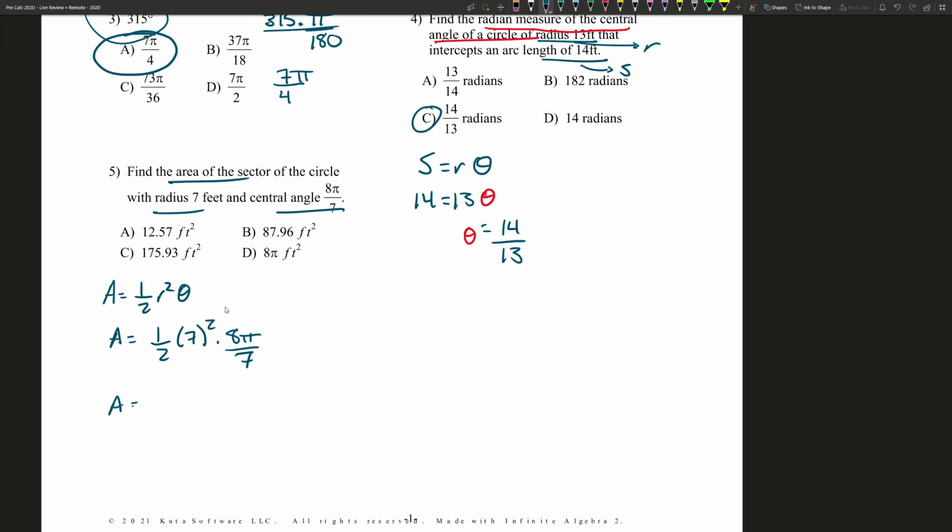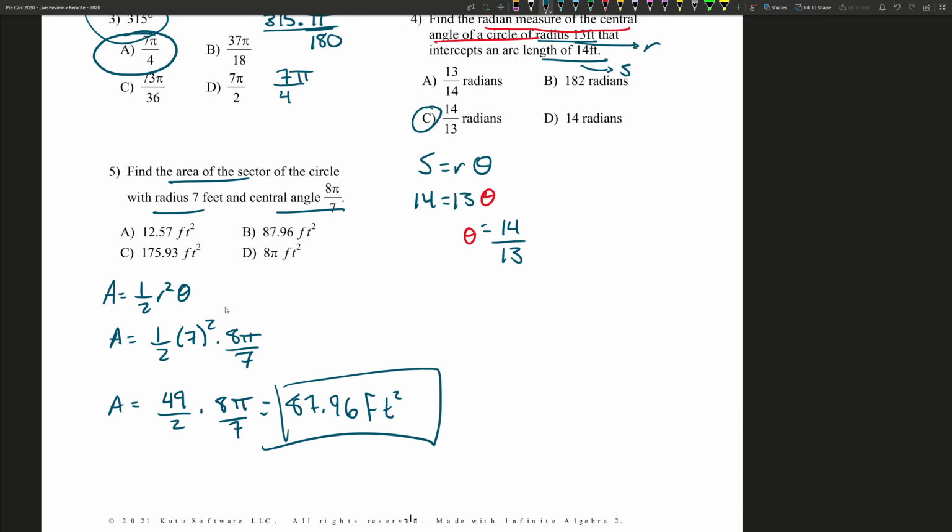Right, so A is equal to 49 halves times 8 pi over 7. When we do that, so 49 times 8 pi divided by 14, and we get 87.96. That'd be feet squared. So that'd be our answer.